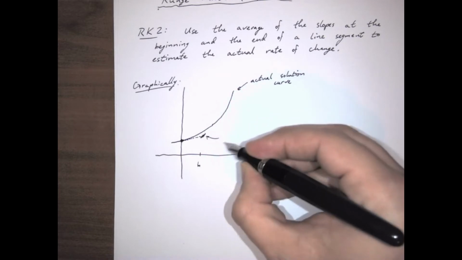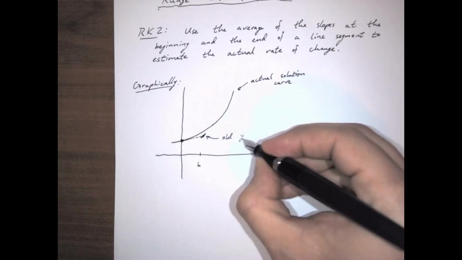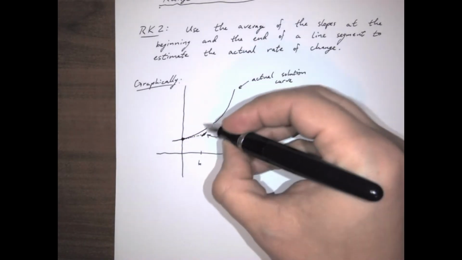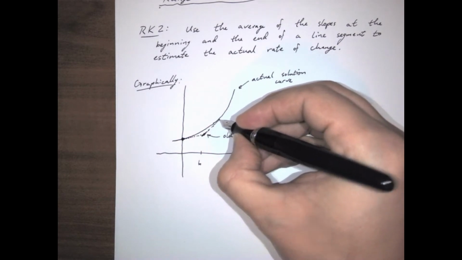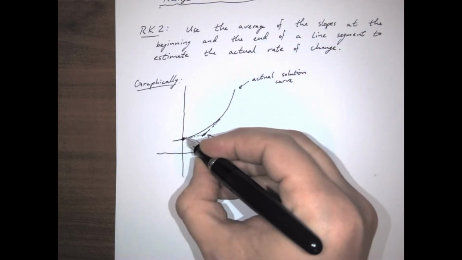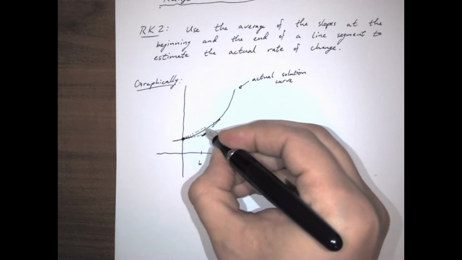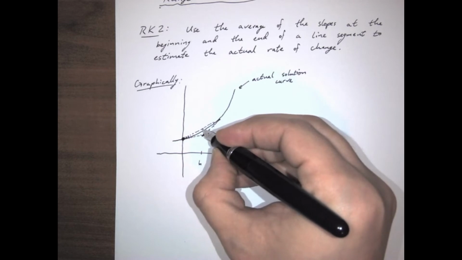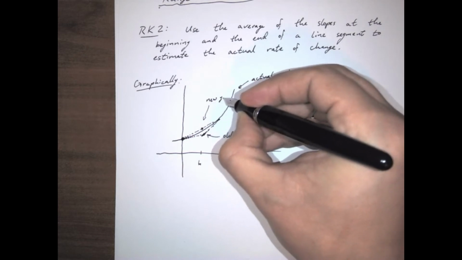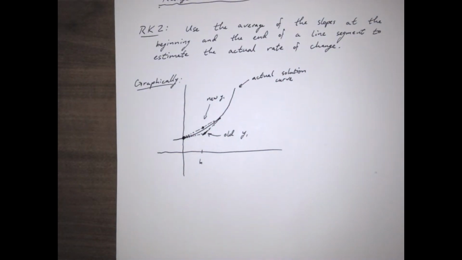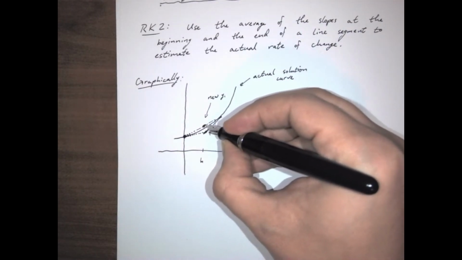So this is the old, let's say this would be the old y1, and what we can do is take the average of this and the slope from that point forward, and then just cut that interval in half, and that gives us a new y1 here. And then we would repeat the process. So we would say from here, okay, maybe the slope is going like this.